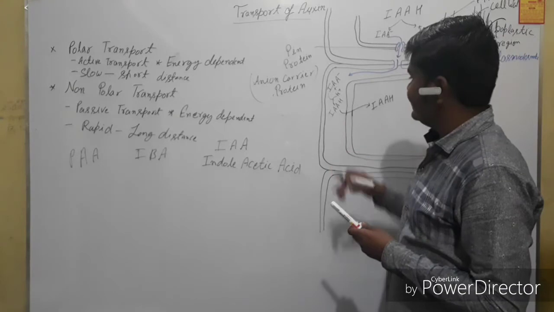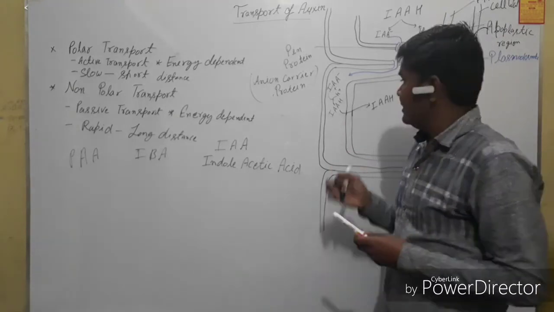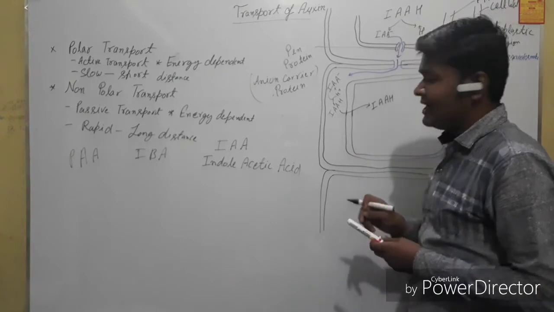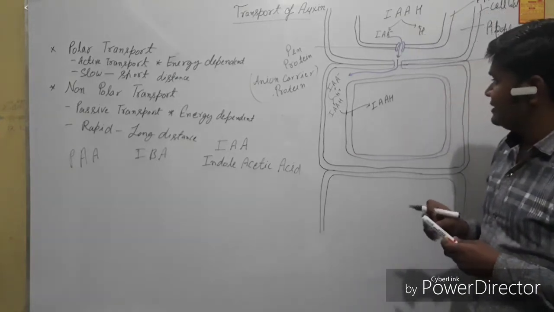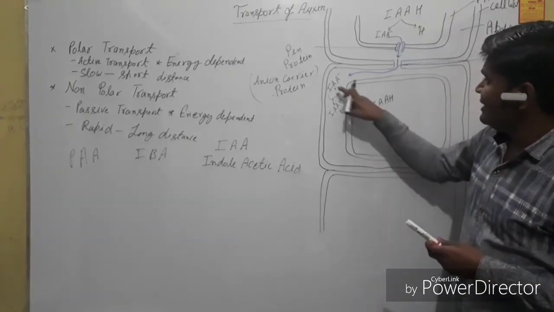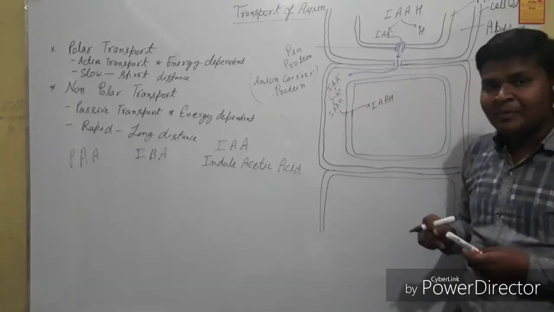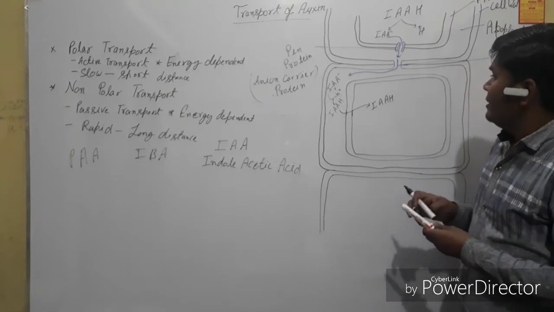This IAAH is lipophilic in nature, whereas IAA minus is not lipophilic in nature. That is why IAA minus does not cross this plasma membrane.